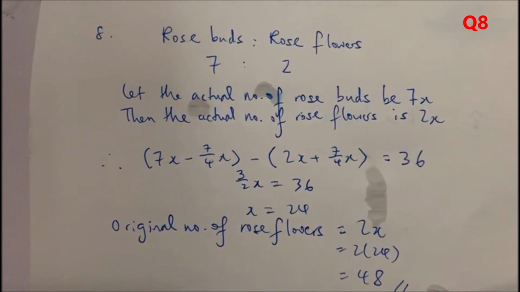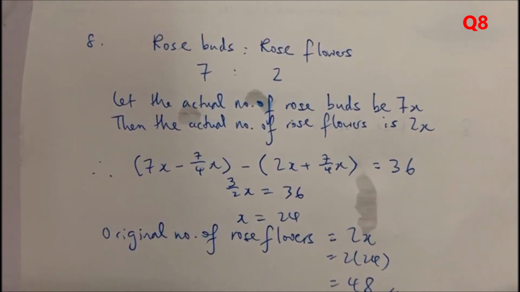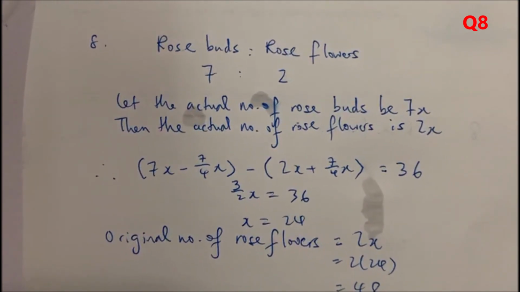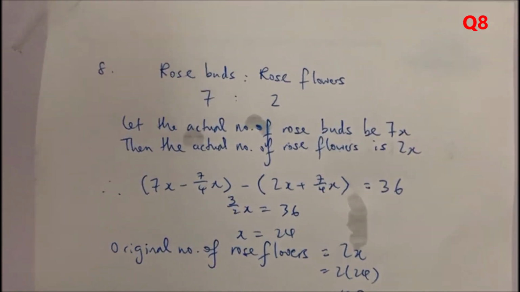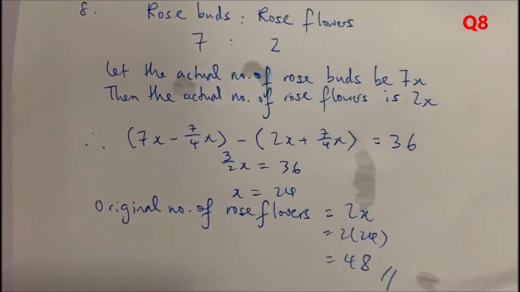Now, to avoid ratios, it will be easier to do it by the actual numbers. So let the actual number of rose buds be 7x, then the actual number of flowers is 2x.